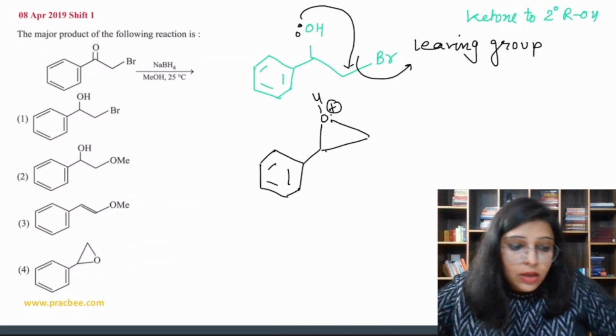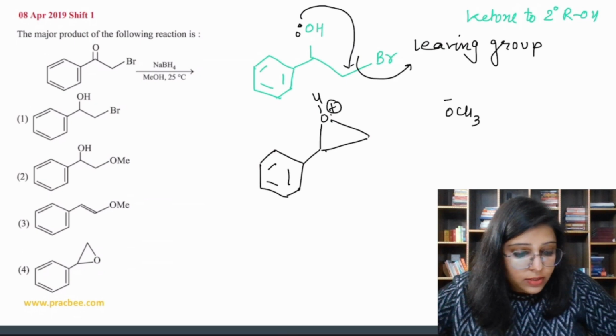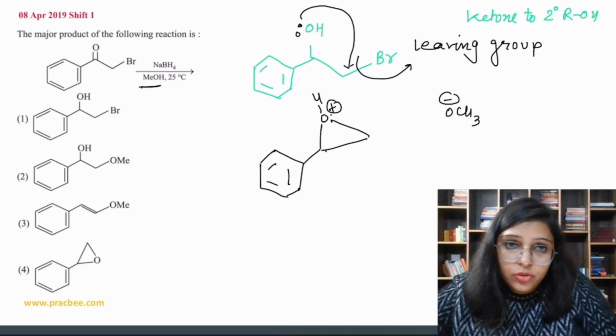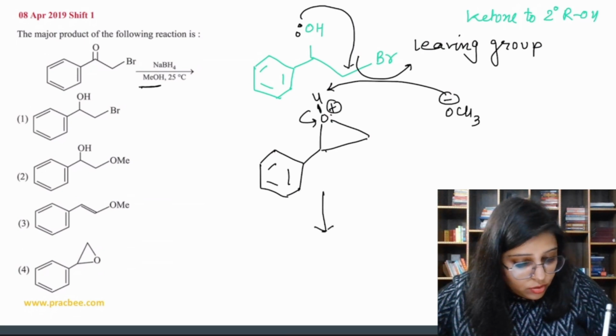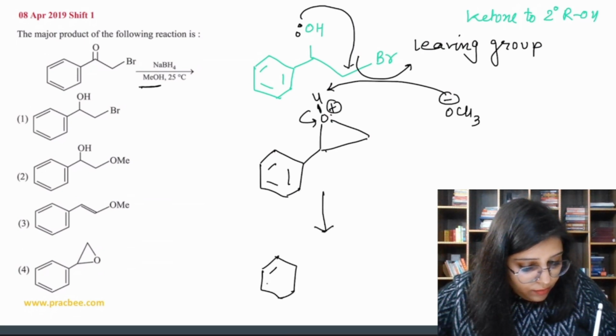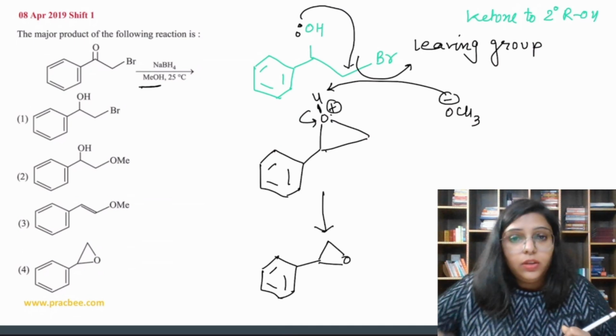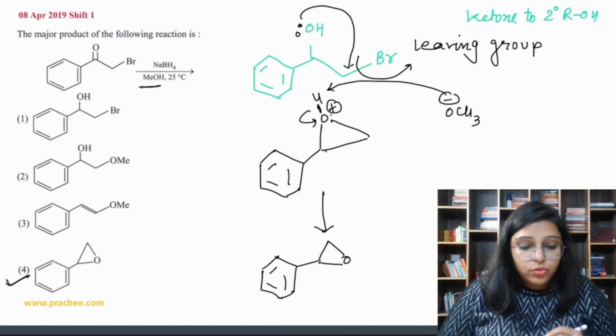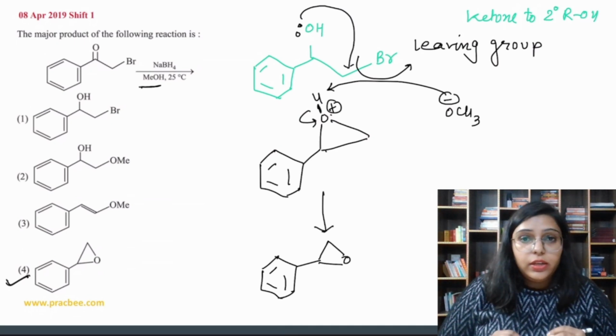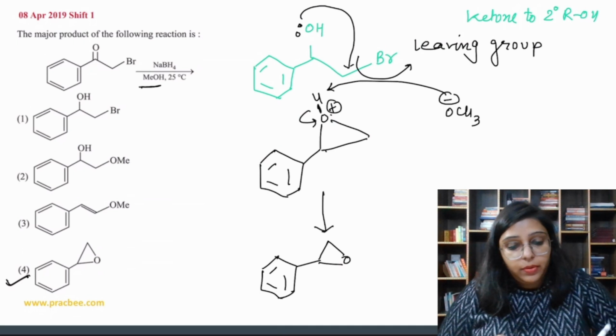Okay. Now we have OCH3 minus from MeOH. So it takes this hydrogen and the electron of this bond shifts to oxygen. So we have this situation. Clear? So we can form this. So option 4 is going to be the correct answer. Intramolecular attack can happen.